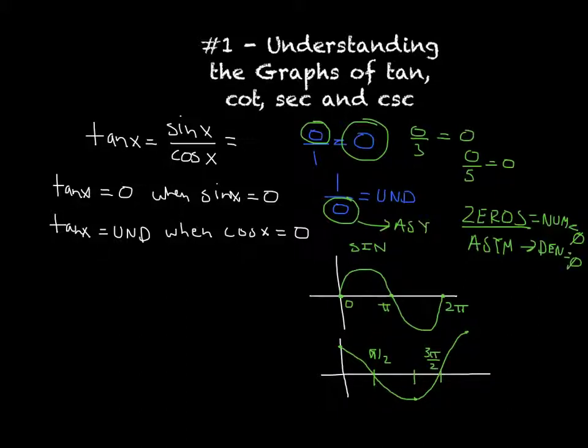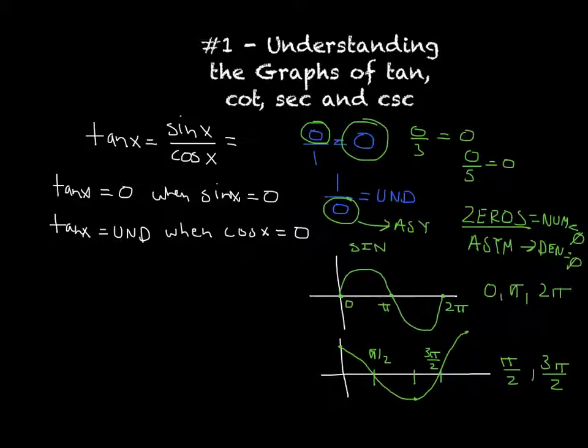Alright, so let's just write this out. The sine equals 0 at 0, pi, and 2 pi. The cosine equals 0 at pi over 2 and 3 pi over 2 and 5 pi over 2 and 7 pi over 2 and 9 pi over 2 and all odd multiples of pi over 2. So, when does the tangent equal 0? Alright, it's going to equal 0 at those three places.